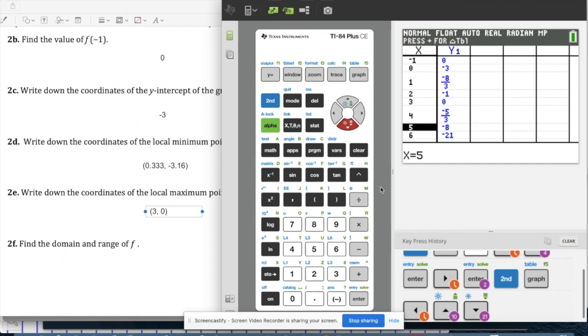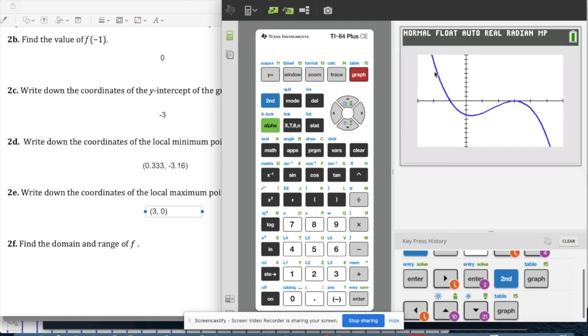So if the domain is unrestricted, what are the y values that are resulting from that domain? Again, we can see the graph here goes up and up and up. We don't know how far up it goes, but it's out of our window here. And it goes down and down and down.